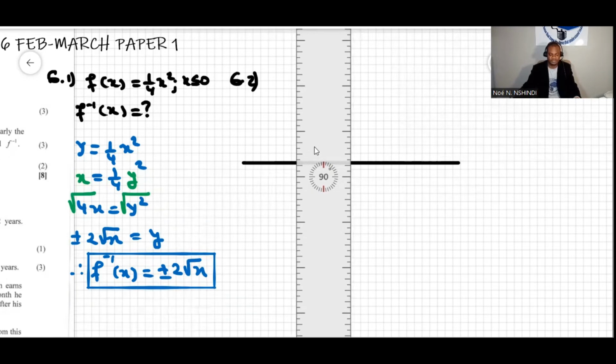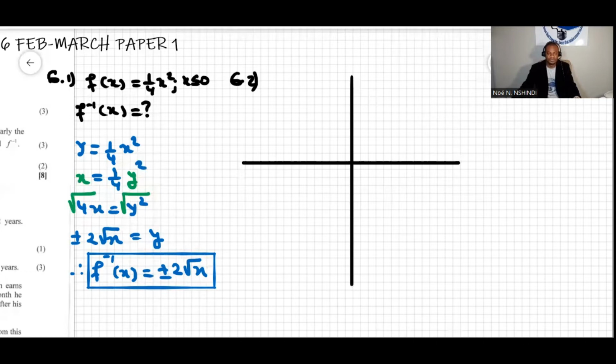All right, now this function is given by 1/4 x squared, and then we have a restriction here because it is said that x is less than or equal to 0. We know this is a parabola, okay? Normally the graph should be something like this. This parabola would be something like that, okay?